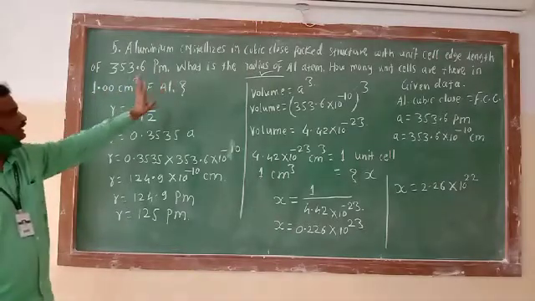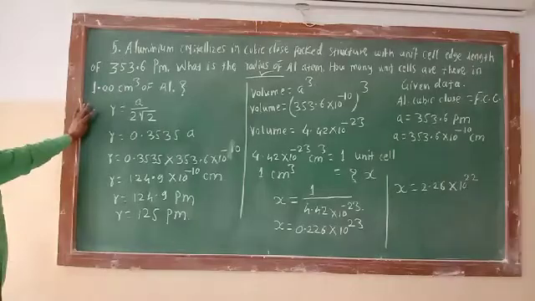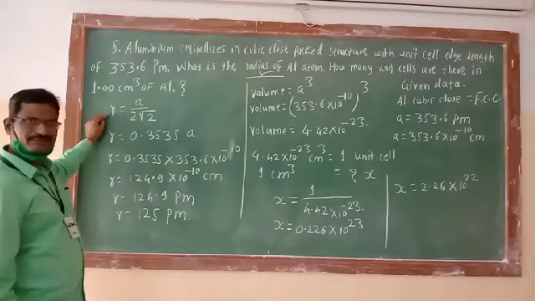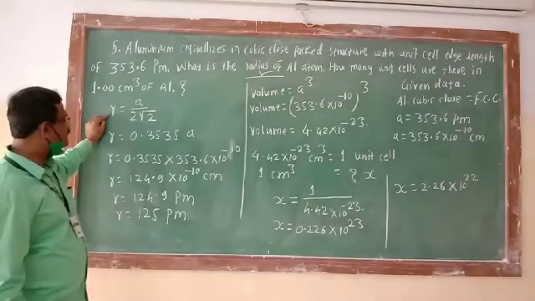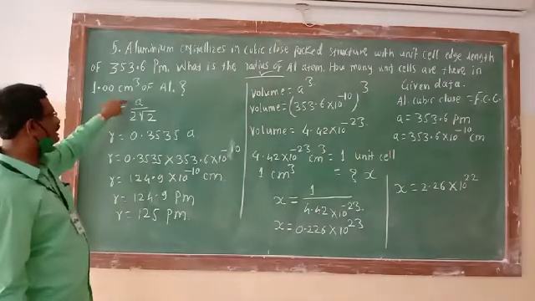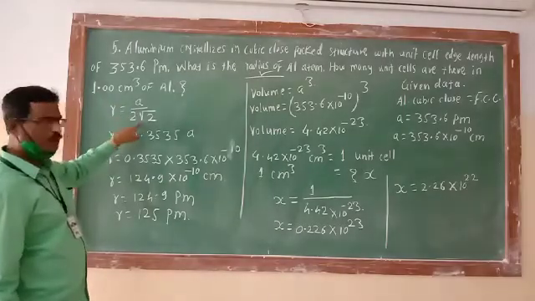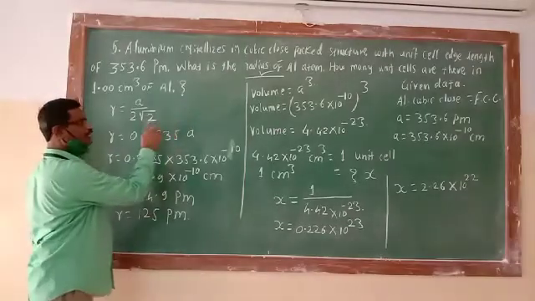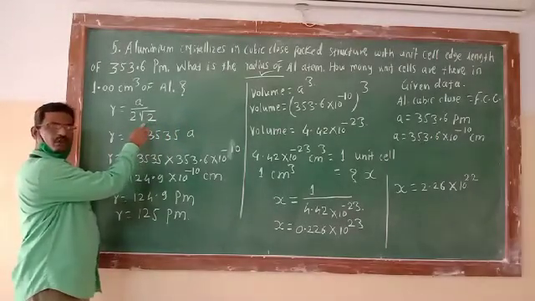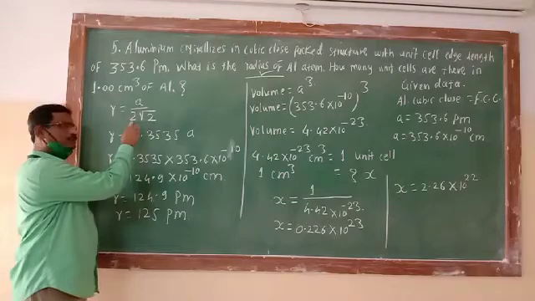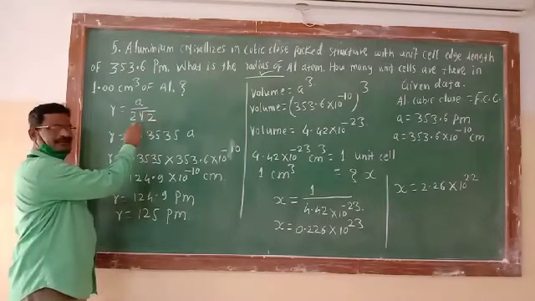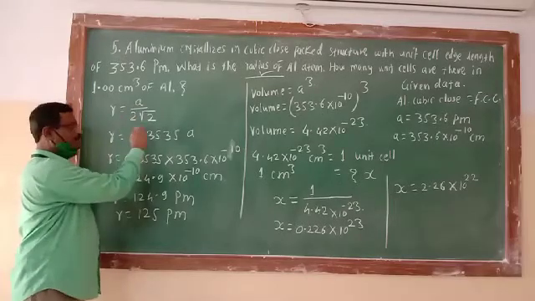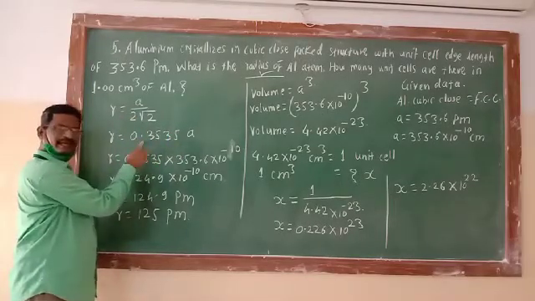the radius of aluminium. Since the structure is FCC, face centered cubic structure, we know that the radius is given by the formula r is equal to a upon 2 root 2. We know root 2 is equal to 1.4142, multiplied by 2, and then 1 divided by that factor comes equal to 0.3535 a.